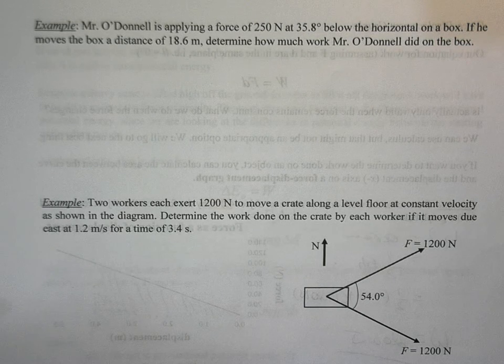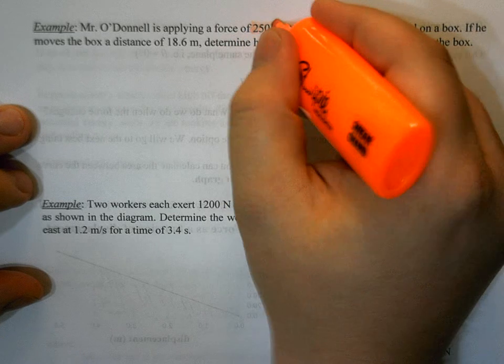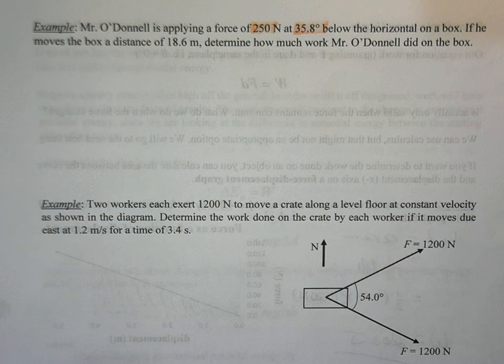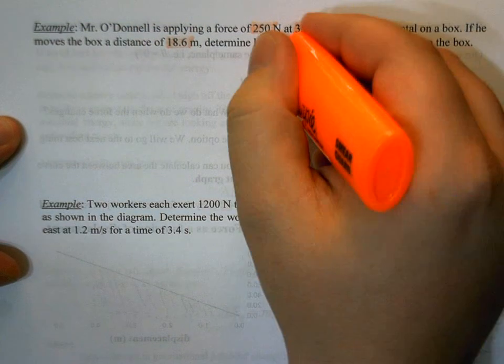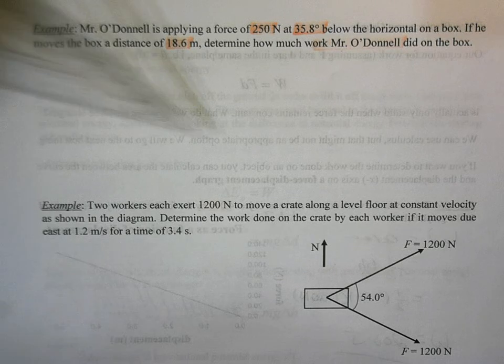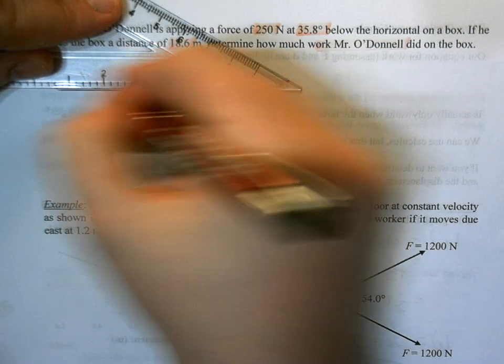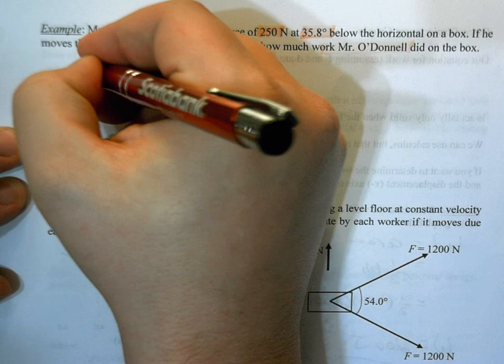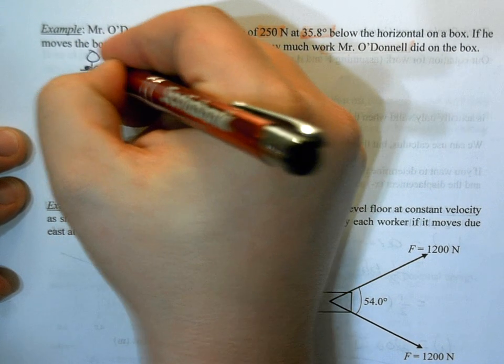So, there's me, as always. I'm applying a force of 250 newtons at 35.8 degrees below the horizontal on a box. If the box gets moved a distance of 18.6 meters, determine the work done by me on the box. Just to have a look, here's the box, here's me, here's my giant muscles to move said box.